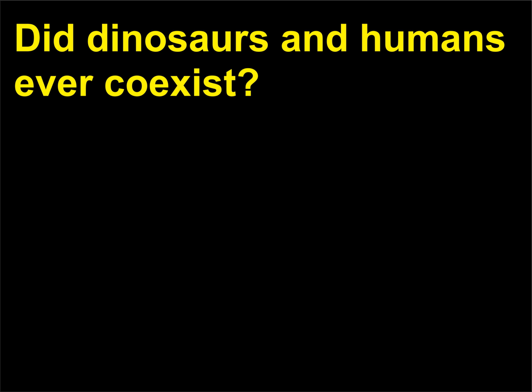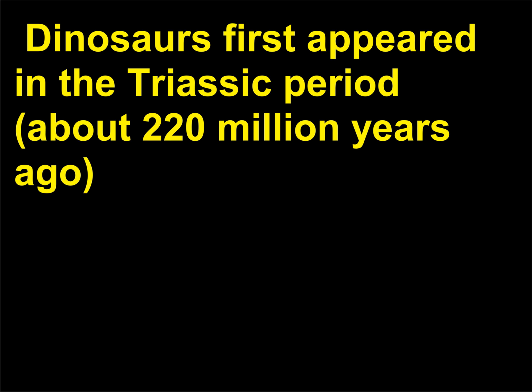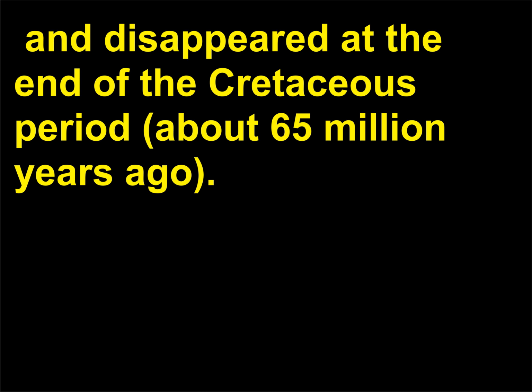Did dinosaurs and humans ever coexist? No. Dinosaurs first appeared in the Triassic period, about 220 million years ago, and disappeared at the end of the Cretaceous period, about 65 million years ago.